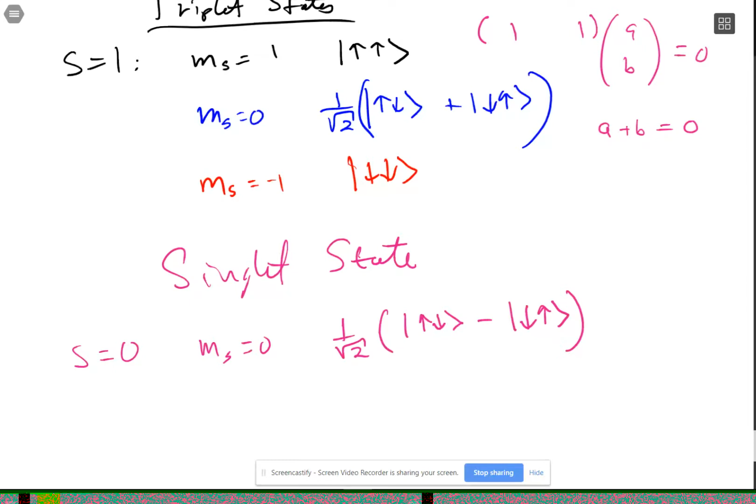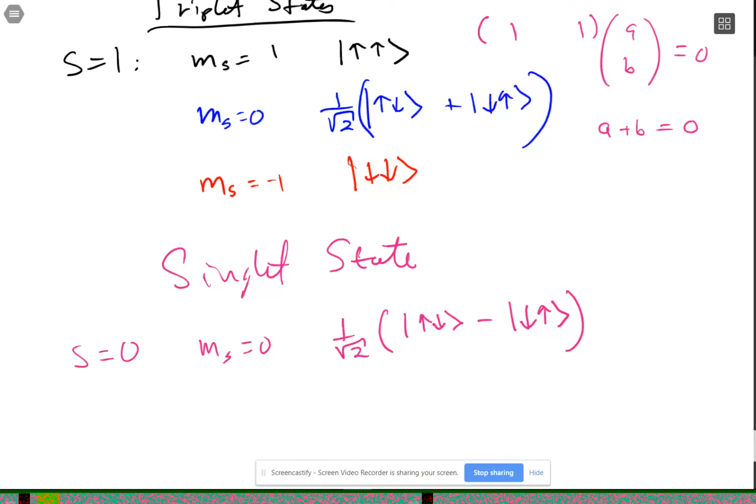The singlet state, on the other hand, what happens if I switch up, down, minus down, up? If I switch them, what have I done? It's changed the sign, right? So it's anti-symmetric under exchange. So there's a fundamental difference in how they behave with exchange between the 2.